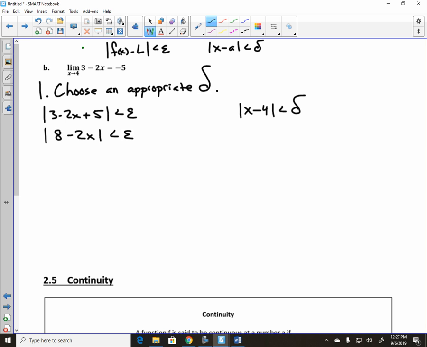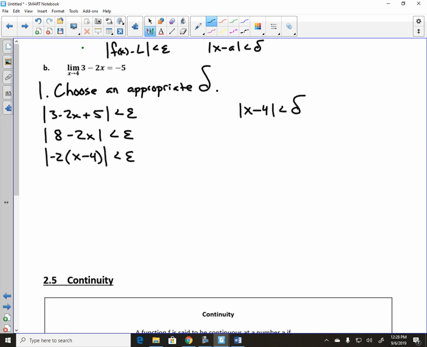When you factor a -2 out of an absolute value, what does it become? +2. Yep. So if you think about it, I'll write this once. We'll factor out that -2 times, this becomes an x minus 4. This -2, I factored out.